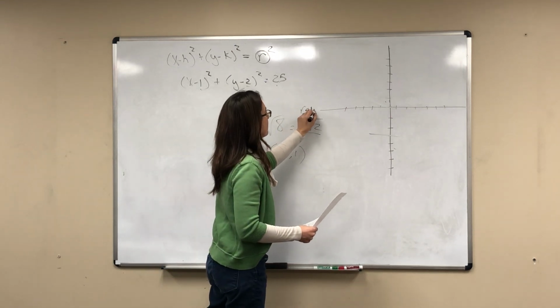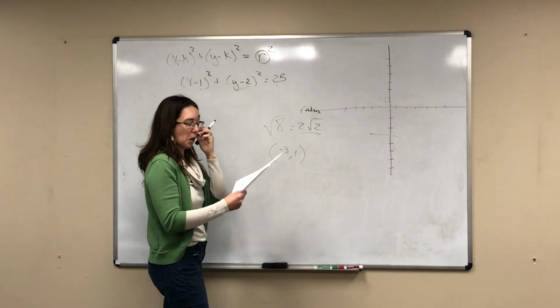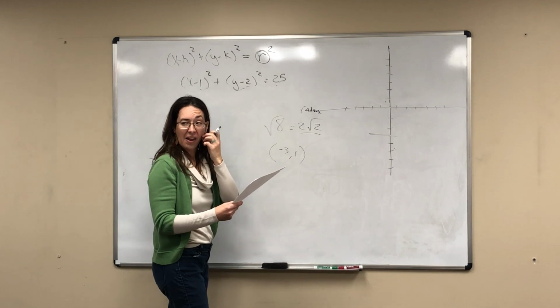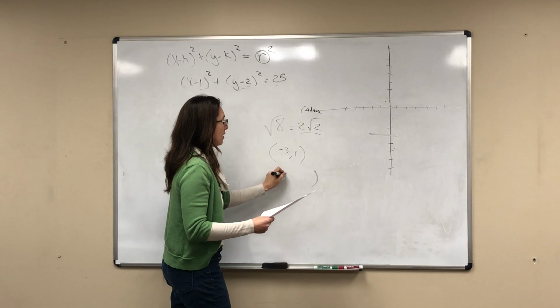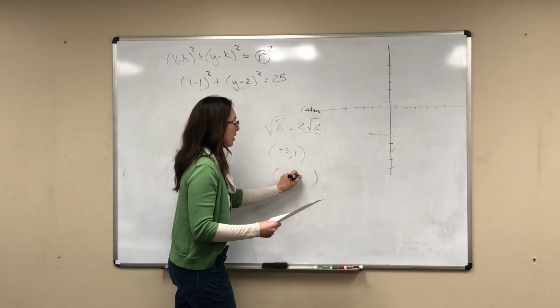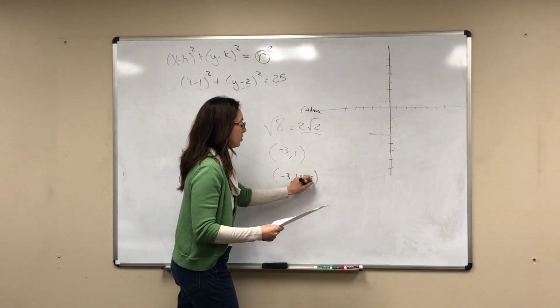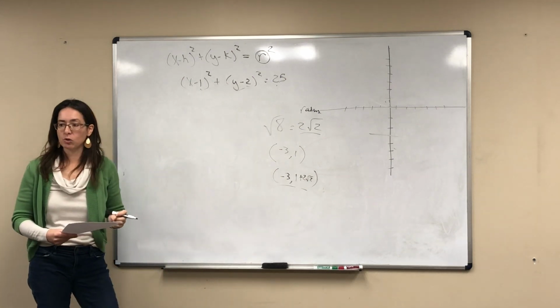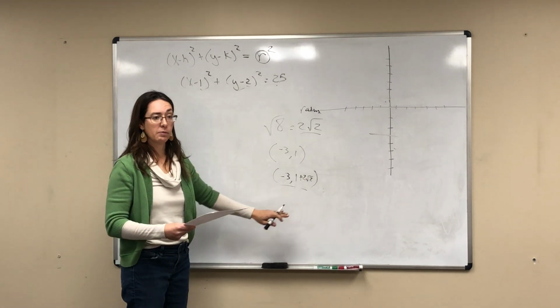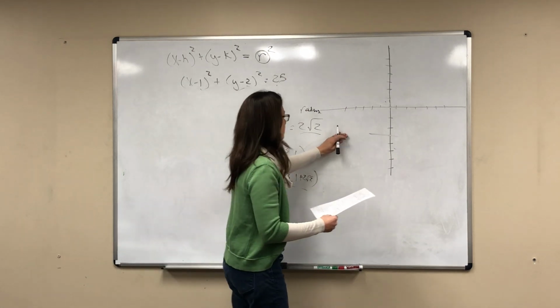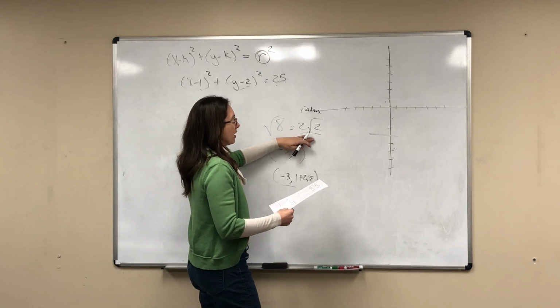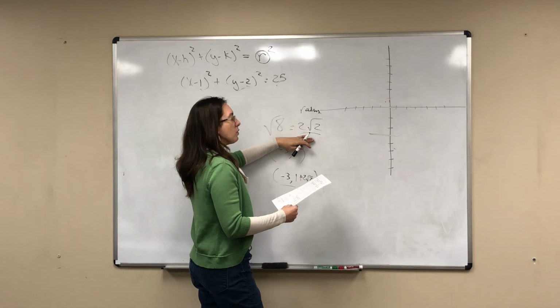If we were going to write it as a point, for example, -1 and then 1 plus 2 square roots of 2 is a point on that circle. If you were graphing it, square root of 2 is a little over 1.